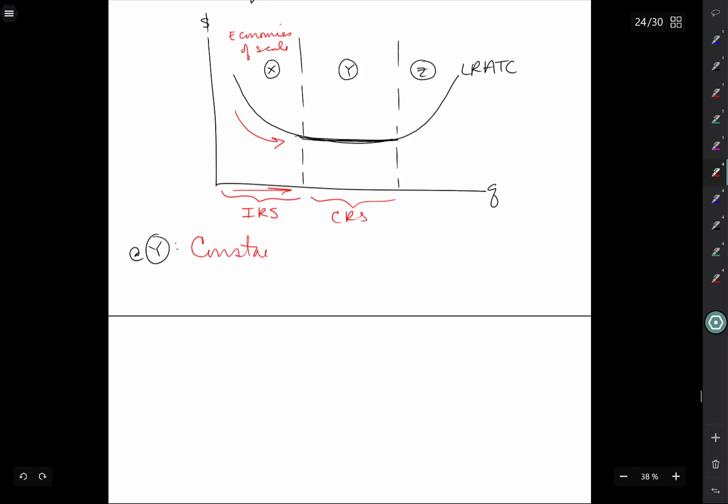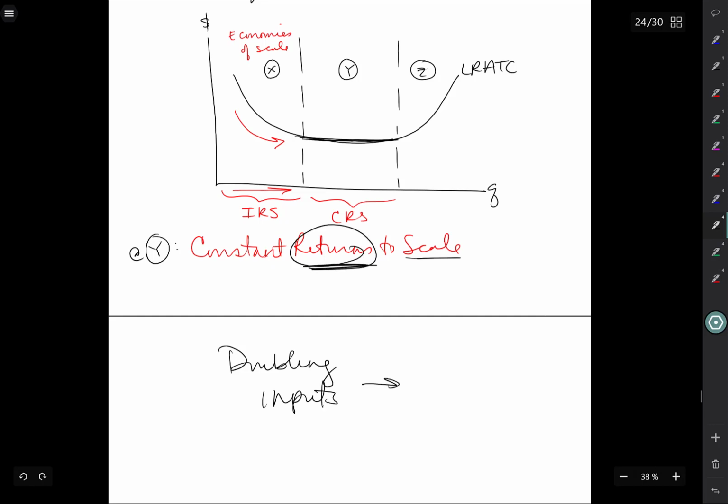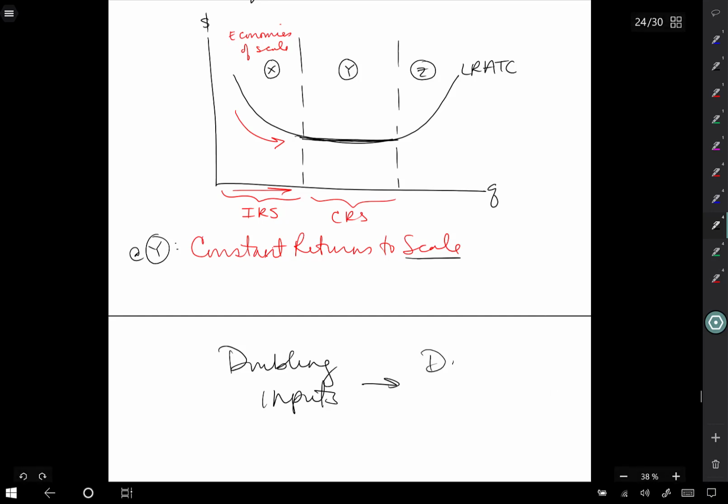Constant returns to scale. It's in the title. The definition is in the title. Constant returns to scale. So we scale. We doubled inputs. The returns to scaling, meaning the output, was constant, meaning it was proportional. So we doubled inputs. What do you think it does to output? It doubles.